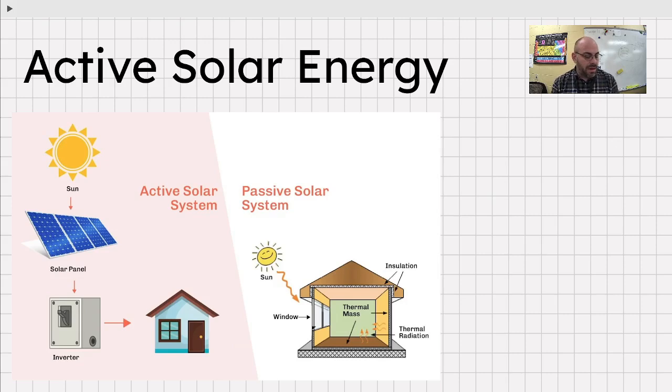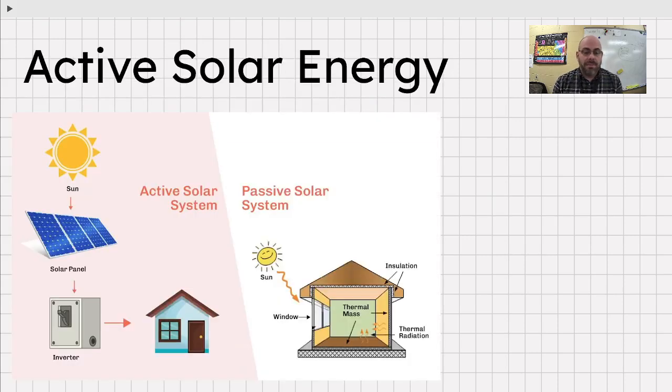This would be considered an active system because something is actively moving in order to create that energy flow, right? These systems can provide heat energy, can supply other kinds of energy as well. They're going to have more maintenance costs because there are more moving parts, right?